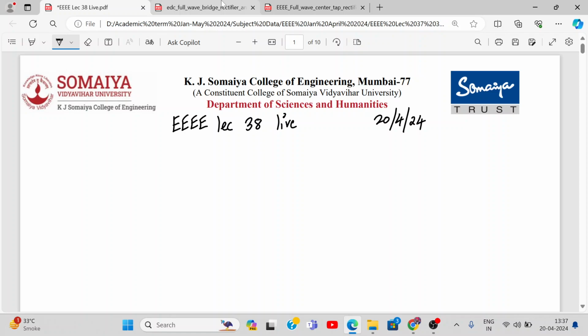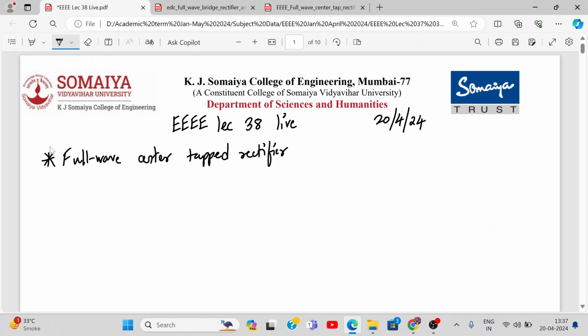Okay, so I want to clarify one point which we discussed in the full wave center tap rectifier.